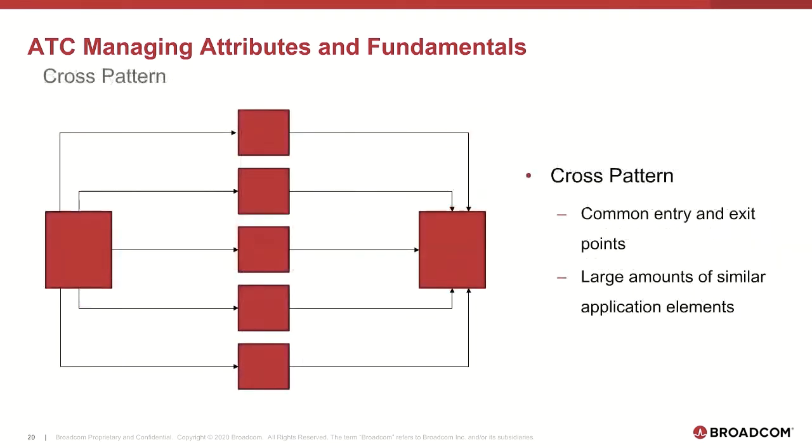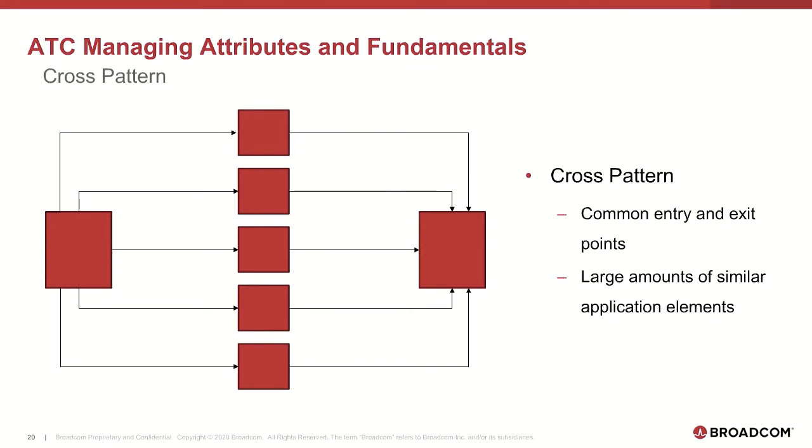The next pattern, I call it cross pattern. It looks like a cross, and it's a kind of the contrary to the butterfly pattern. You have one entry point, many nodes in the middle, and one exit point. What would be a typical example for this one? Well, it could be, for example, one message queue, then individual application actions.